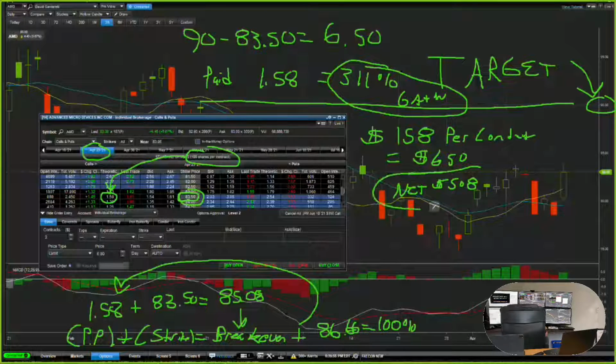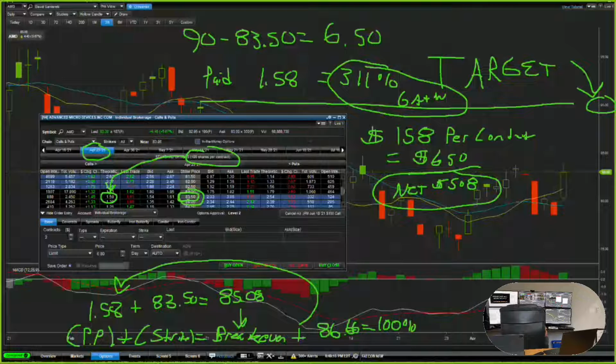A net gain of $508 on that trade if it gets up to that 90 bucks. And that's just with one contract. Now, if you got 5 contracts, that's over $2,500 profit you just made on a small $700 trade. That's a heck of a great return there.